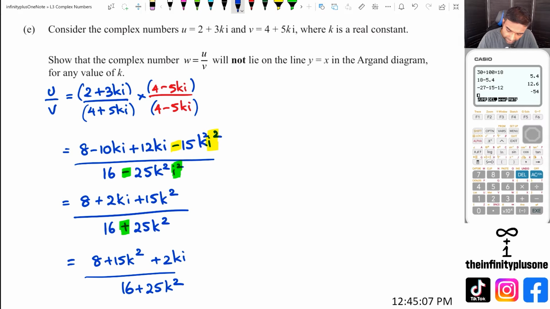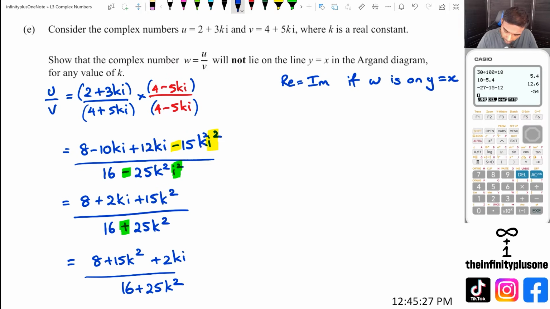So because of that, I am going to go real is equal to imaginary if w is on y equals x. So we're going to prove that it can't work, and that's how you're going to say that therefore it's not going to lie on y equals x.